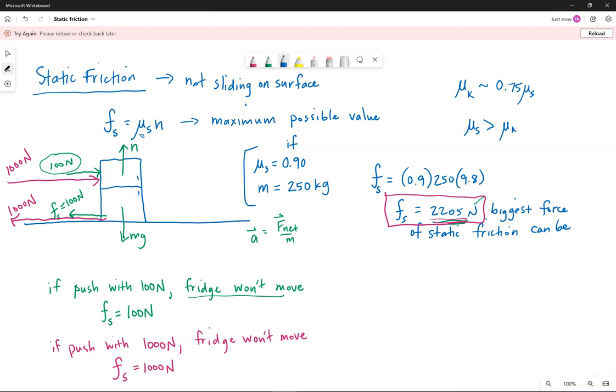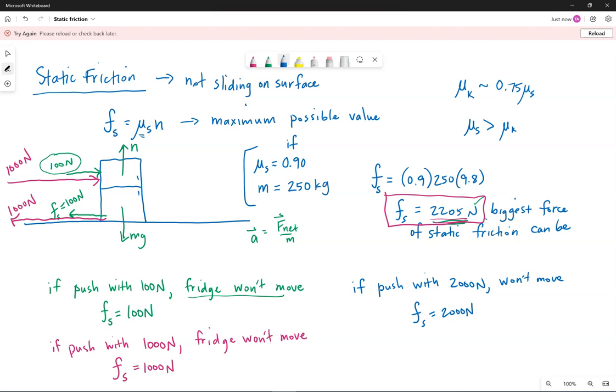If we push with 2,000 newtons, we're still not at this maximum static friction force. The fridge still won't move. But I know the static friction force will have to equal the force of friction to keep the fridge in place.